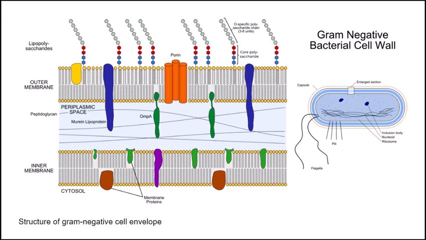If we look at the right side, we see that the entire bacterial cell has a capsule, pili, flagella, nucleus. This is a multi-layer system: strong protection, controlled entry, survival advantage, and infection ability.